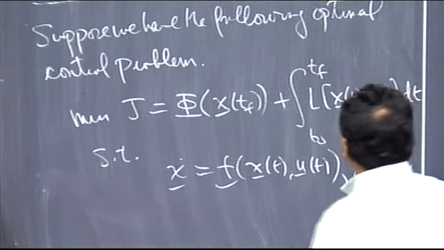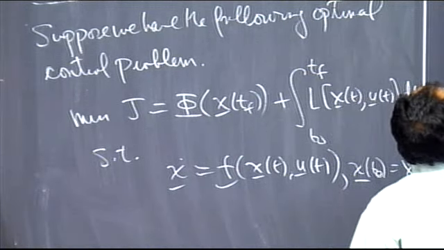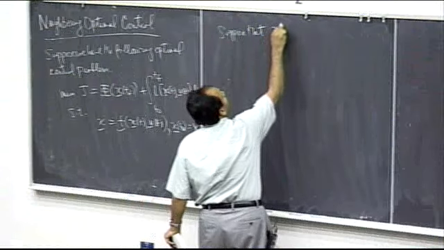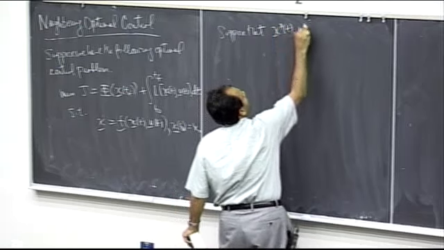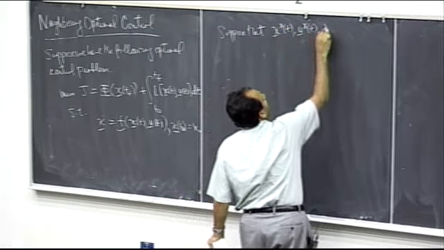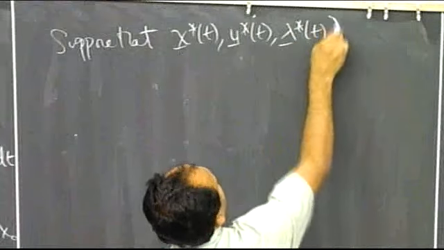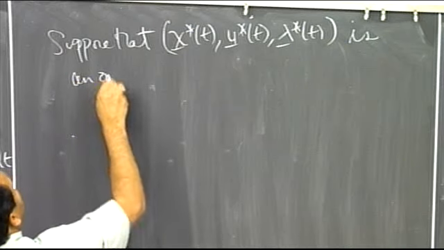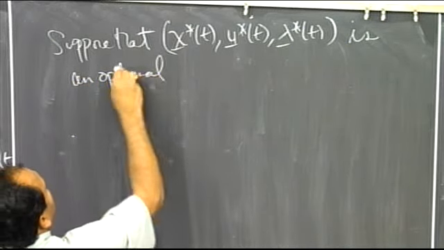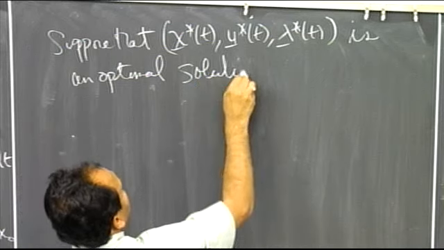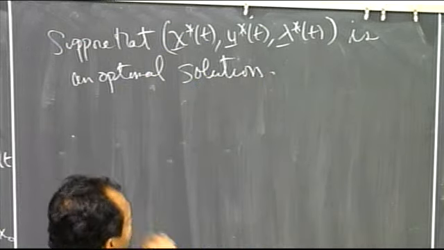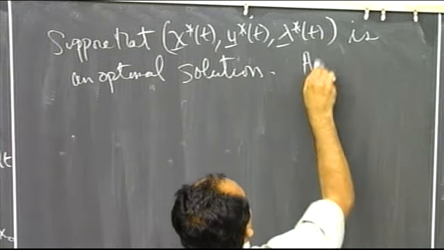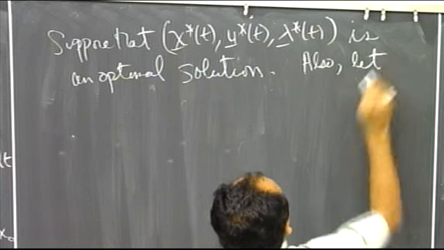So suppose that x star of t, u star of t, and lambda star of t is an optimal solution. So we know that, if I evaluate, I'm going to let the following things happen.